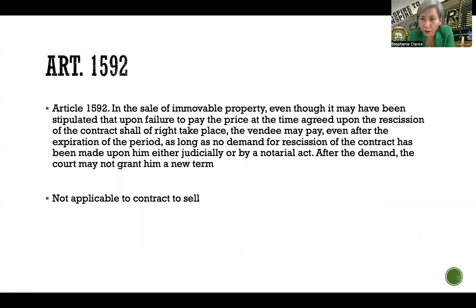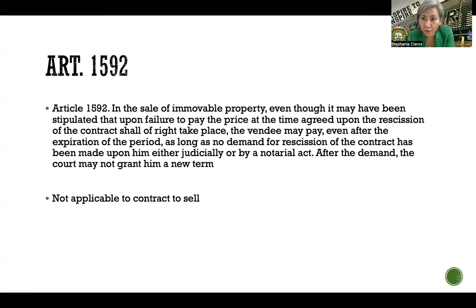Okay, so another kind of rescission which is provided for as a remedy in the Civil Code is that found in Article 1592. So take a look at the text of this article, guys.